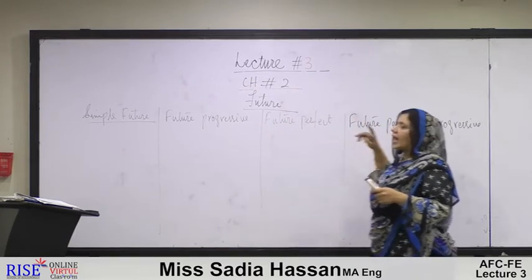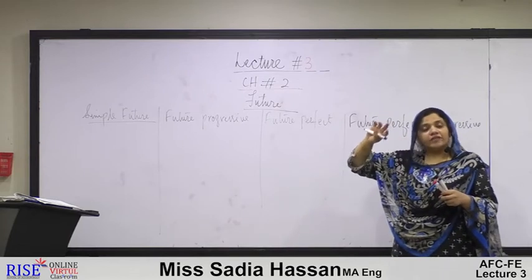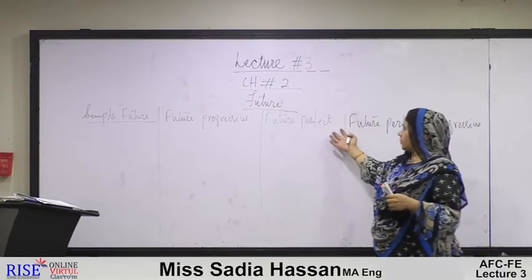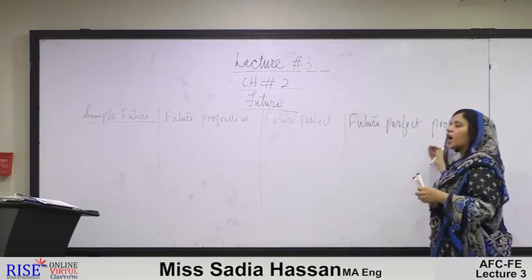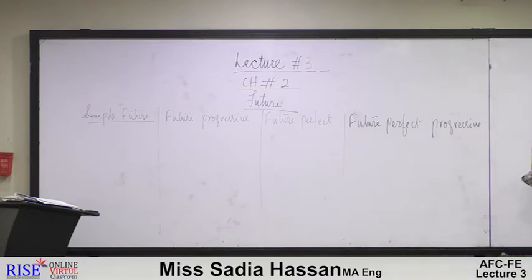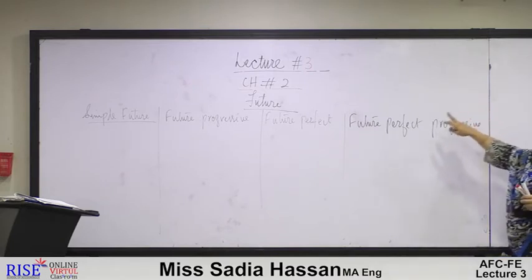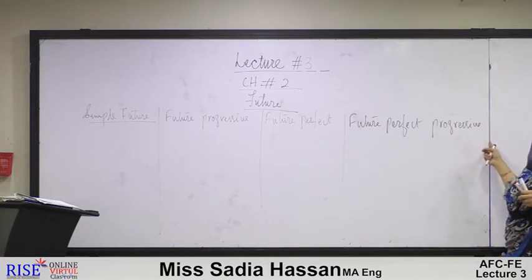Future perfect: an action which I will have done, which I will have completed in my future time. Future perfect progressive: an action of which some part will have been completed in my future, and the other part will be going on in my future time.